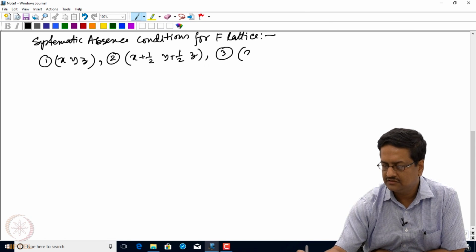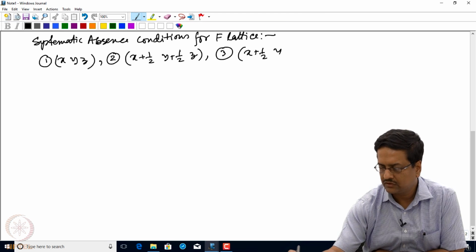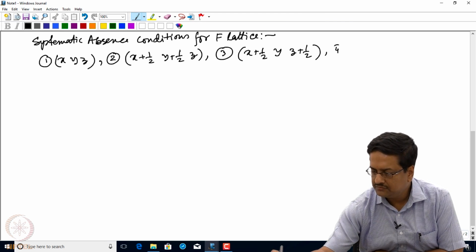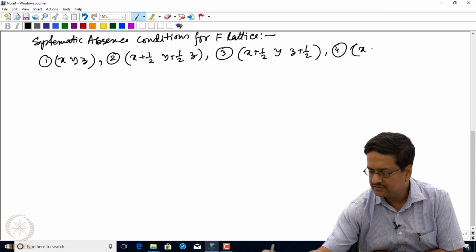Third point is x plus half, y, z plus half, and fourth point is x, y plus half, z plus half.